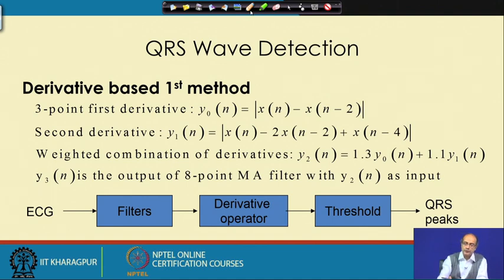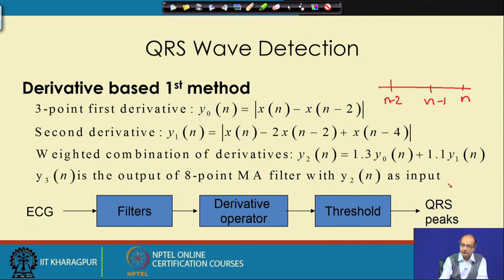The 3-point first derivative means that we have a signal x[n], and we have the points n, n minus 1, n minus 2. Taking n minus 1 as the central point, with respect to that we take the two points n and n minus 2, take the difference of these two and take the absolute value, and we get the amplitude of the first derivative, to be more precise.